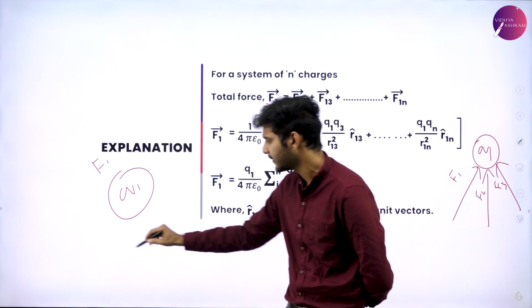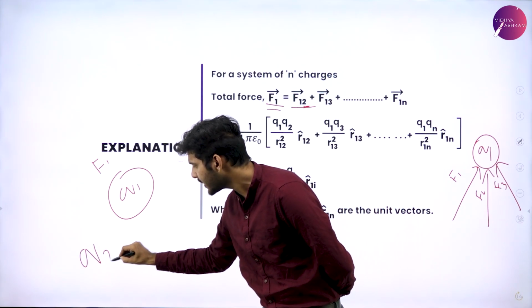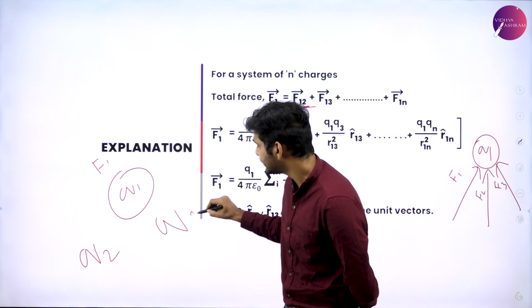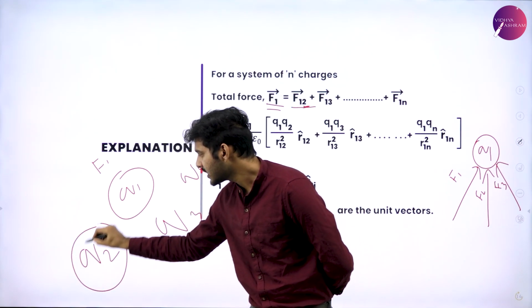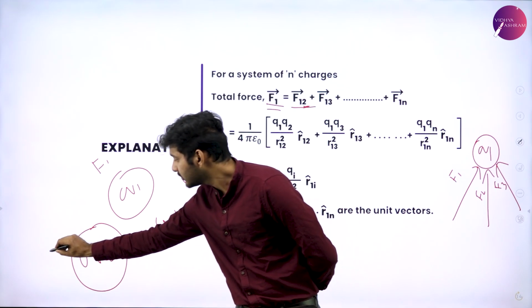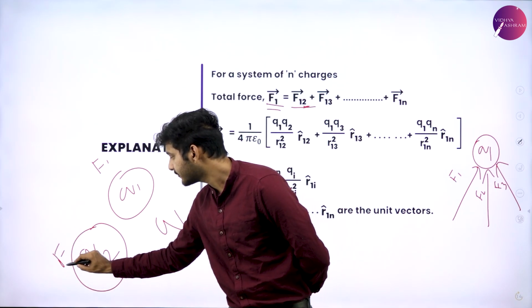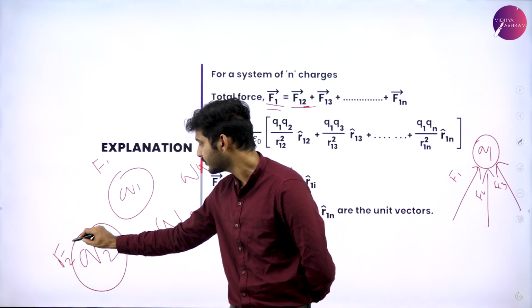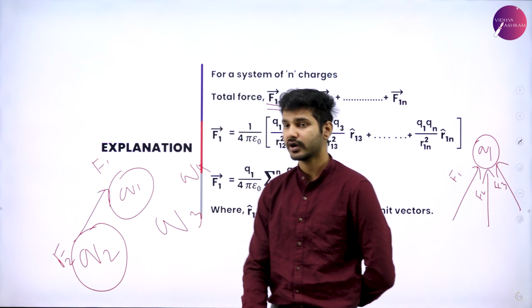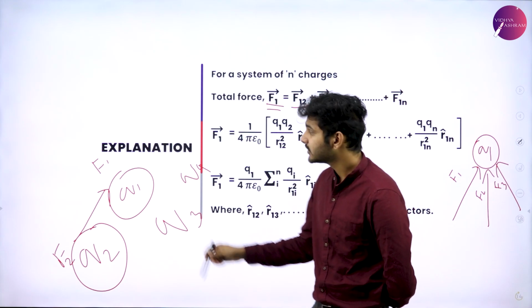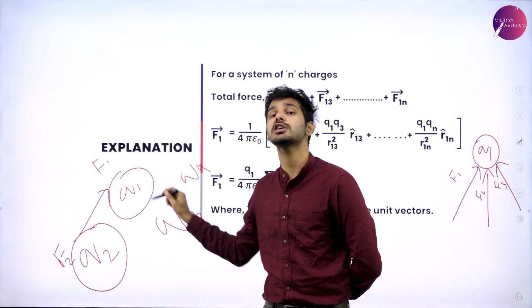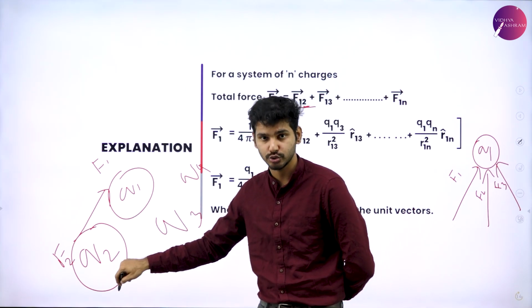It is completely fine. And if it is surrounded by Q2, Q3 and Q4 and so on, then Q2 will exert a force on Q1. That is denoted by F12, the force experienced by Q1 due to Q2.